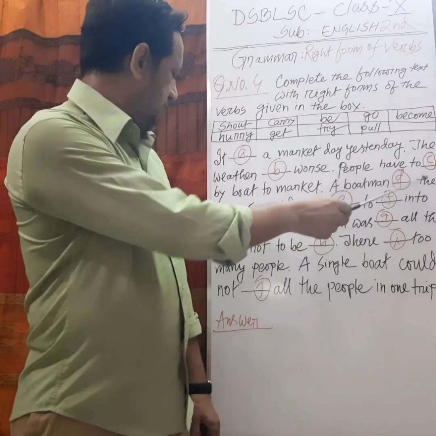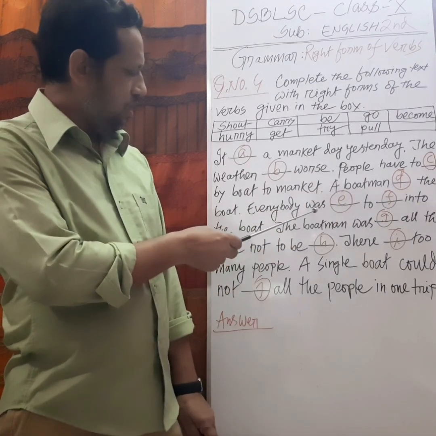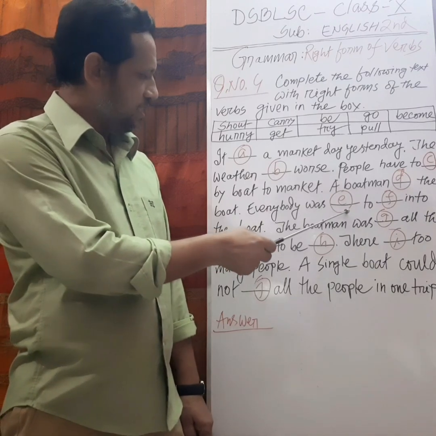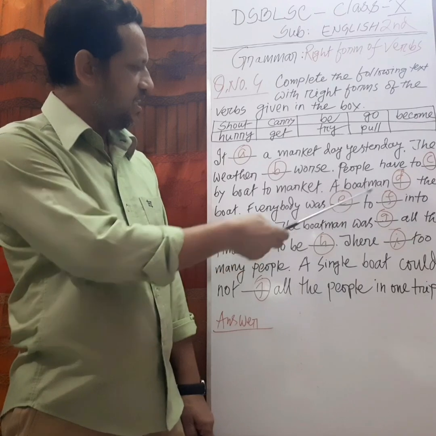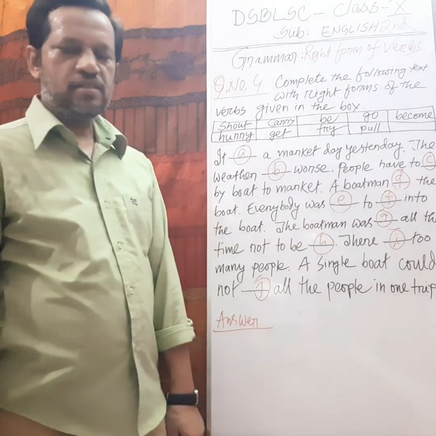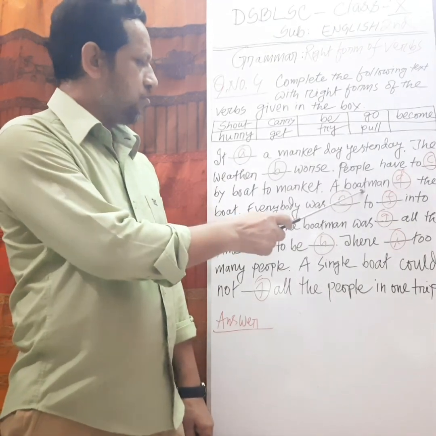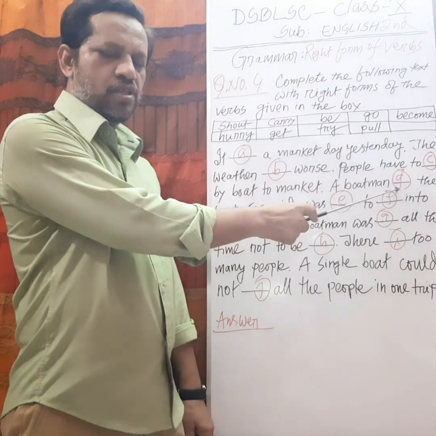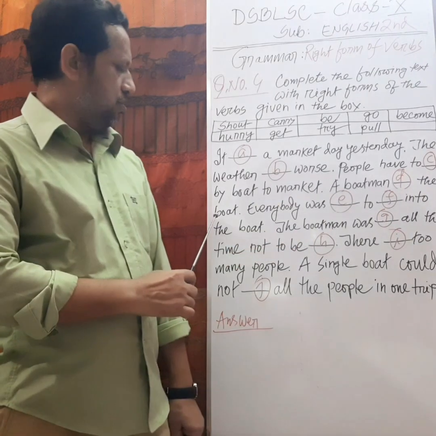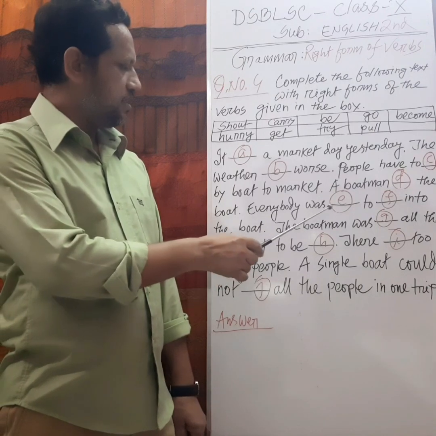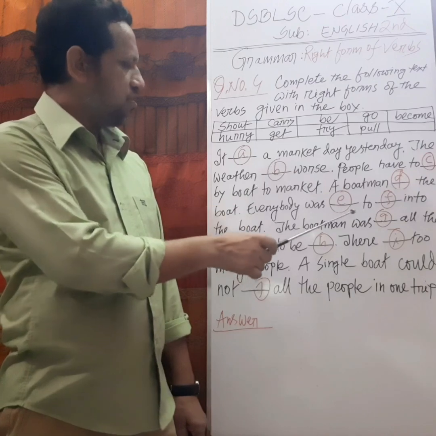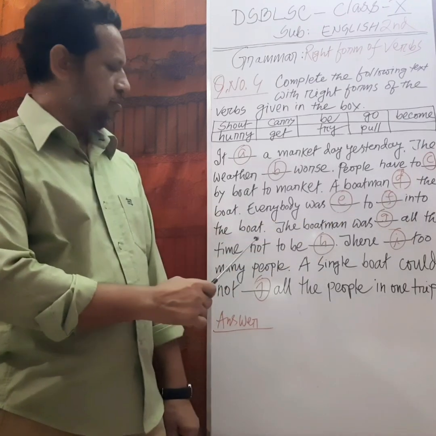Boatman was pulling the boat, though it is past continuous tense. Everybody was. We can see past continuous tense here. That's why we have used the past continuous form. Boatman was pulling the boat. Everybody was trying to get into the boat.